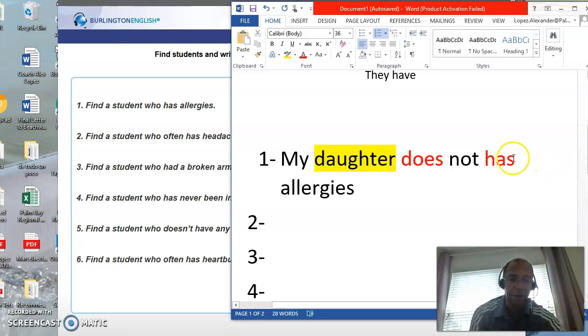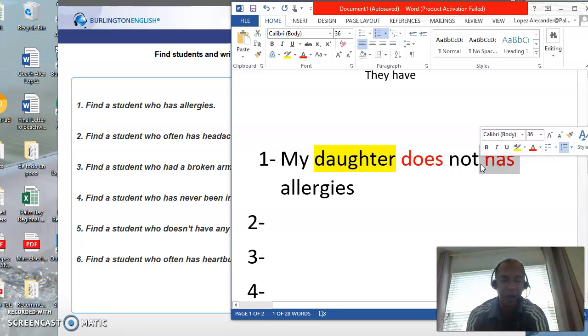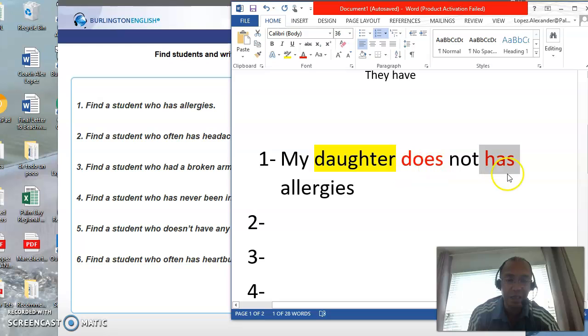That will not be good. That is incorrect, because if you have does, you cannot have has. So the correct form will be have. That is correct. My daughter does not have allergies. Okay?